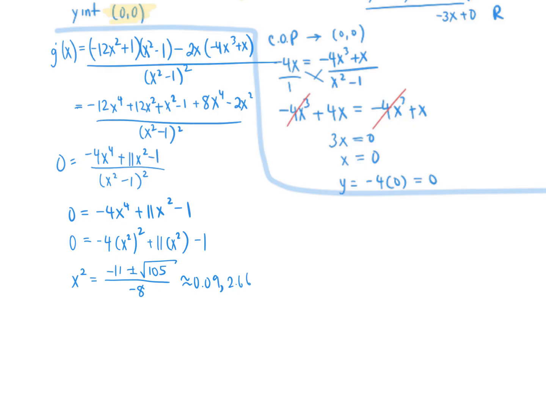Now I have to square root these numbers. And when I square root, I'm going to have plus or minus the square root of each of them. So I'll have plus or minus 0.31 and plus or minus 1.63. Those are my critical points.